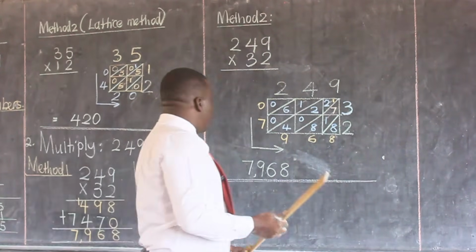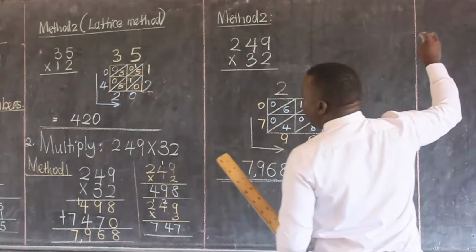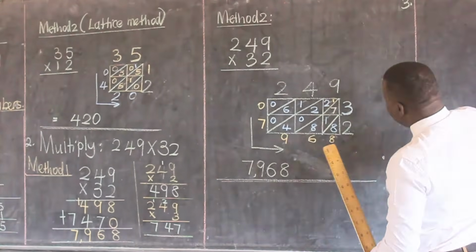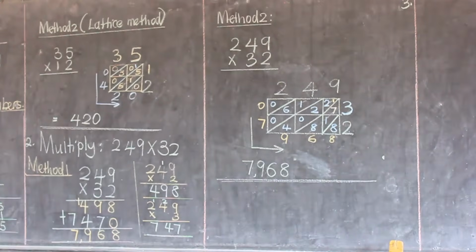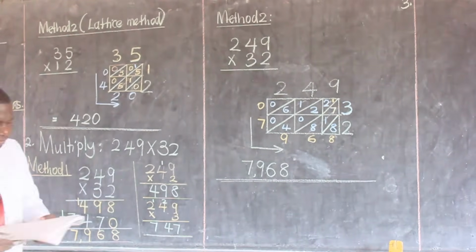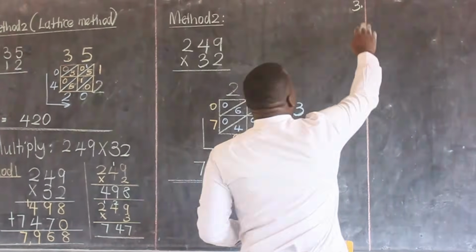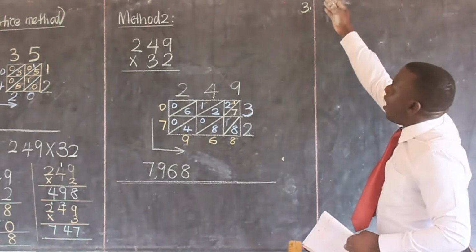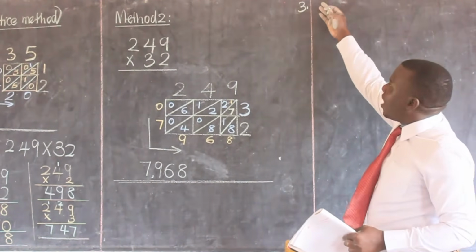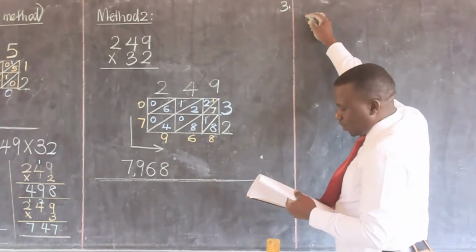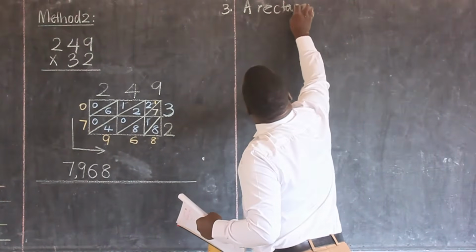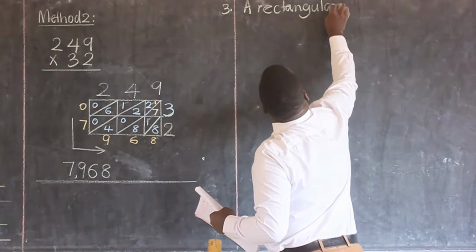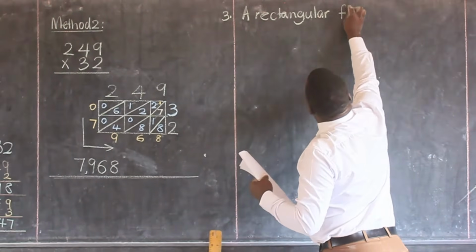Let's move on to example 3. In our example 3, it is going to be in words. It is a word problem. Okay? So we shall have a rectangular floor.